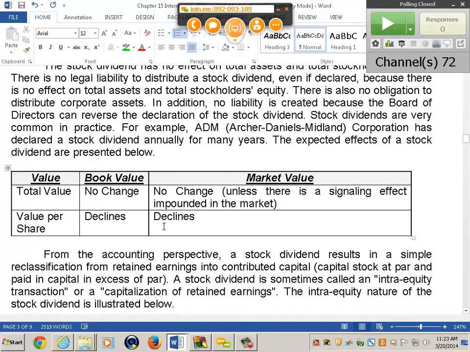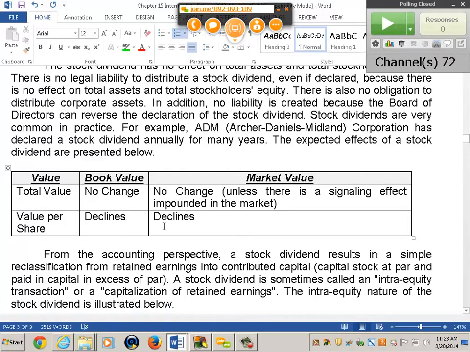They have to pay it on more shares. Therefore, it's a signal that management has higher cash flow expectations. So typically, the stock dividend is probably going to be a signal that the company is expecting higher earnings and cash flow, and therefore you might see some bump up in the market price.